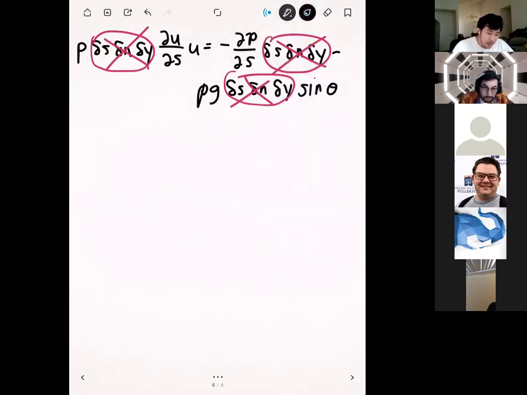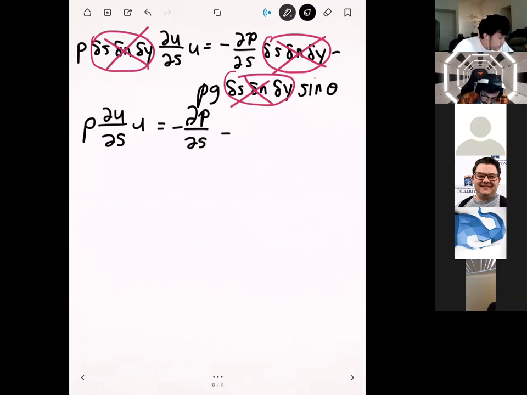Then we end up with rho du ds times u, which is equal to minus dp ds minus rho g sine theta. Through the magic of algebra and canceling lots of terms, we're at a relatively simple expression.